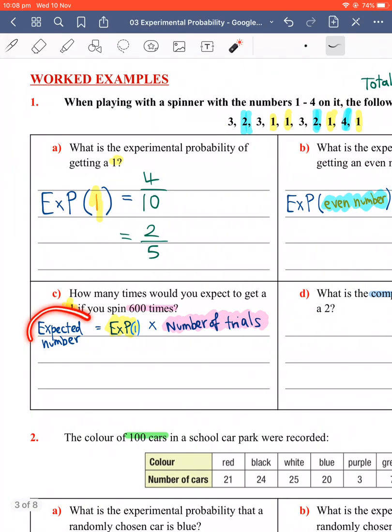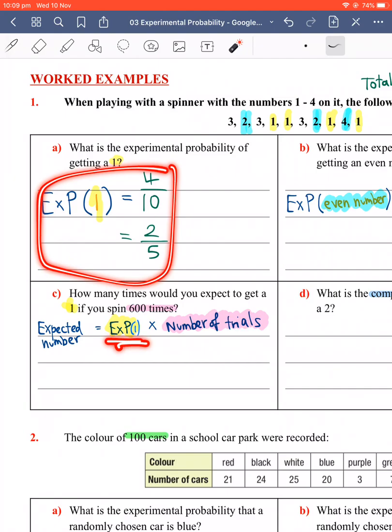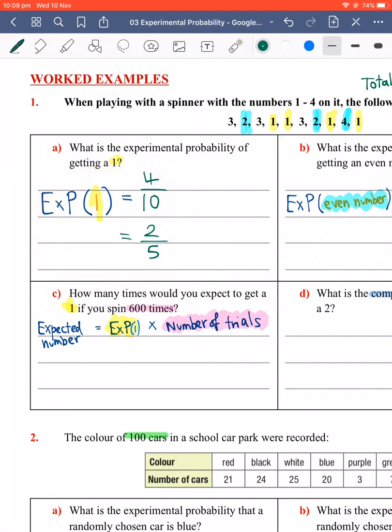Next one, we are finding out the expected number. So we're kind of scaling the experiment up. Based on our current data, we want to know what we would expect to get if instead of spinning it 10 times, we have now spun it 600 times. So we need the experimental probability, which was up here, for getting 1, which we can substitute straight in as 2 over 5.